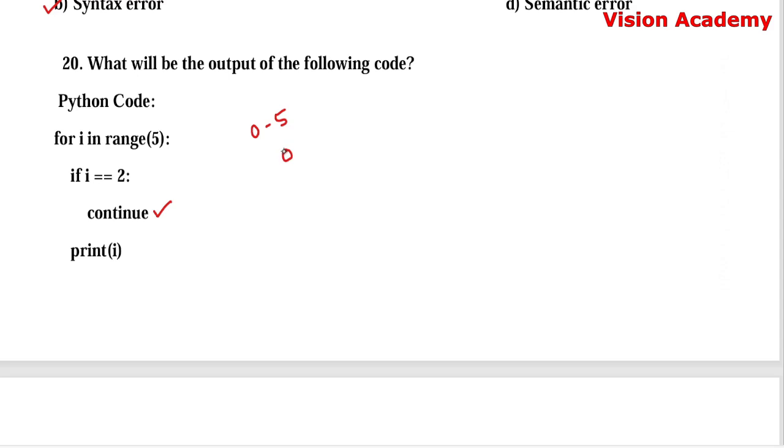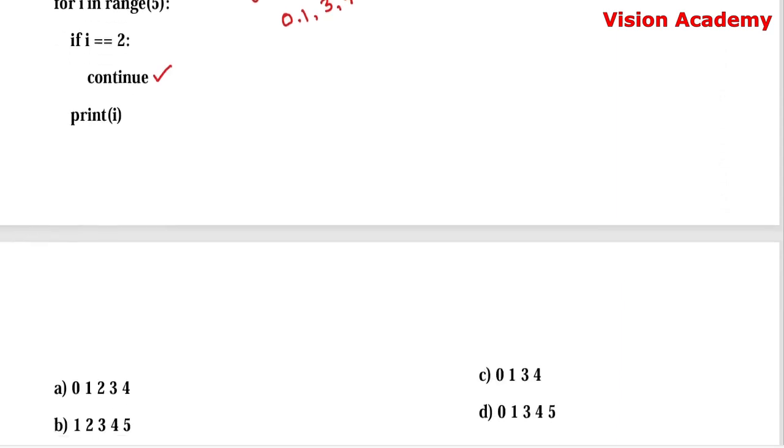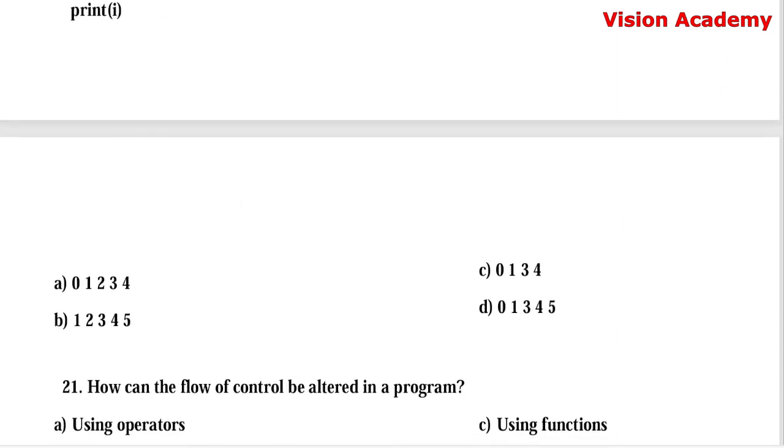It is going to print 0 using this print statement, and it is going to print 1, and it is going to print 3, because 2 will be skipped because of this continue statement. Next, it is going to print 4: 0, 1, 3, 4. Now check out the options. Here you can see 0, 1, 3, 4 is present in option C.